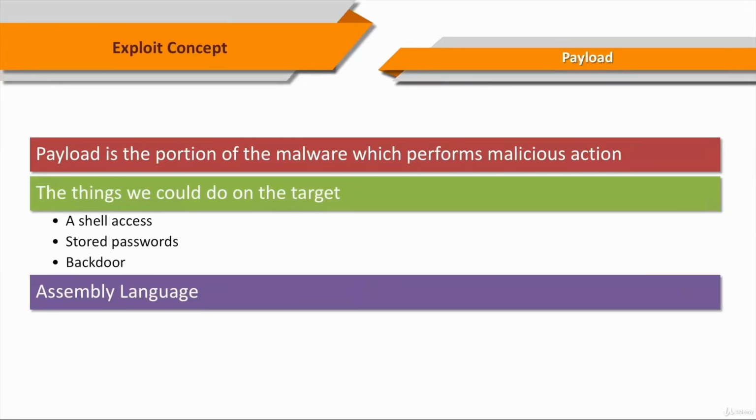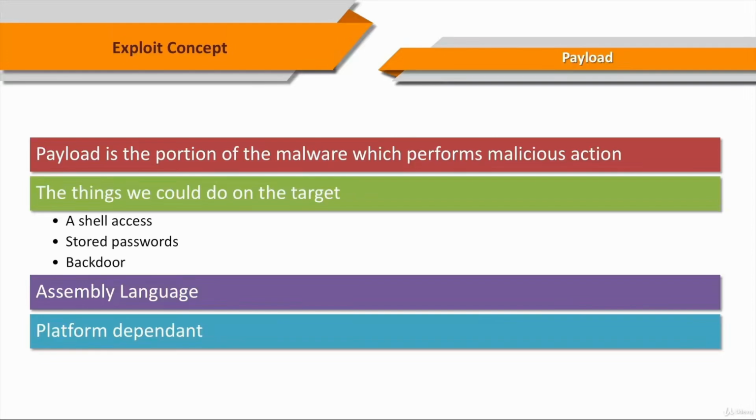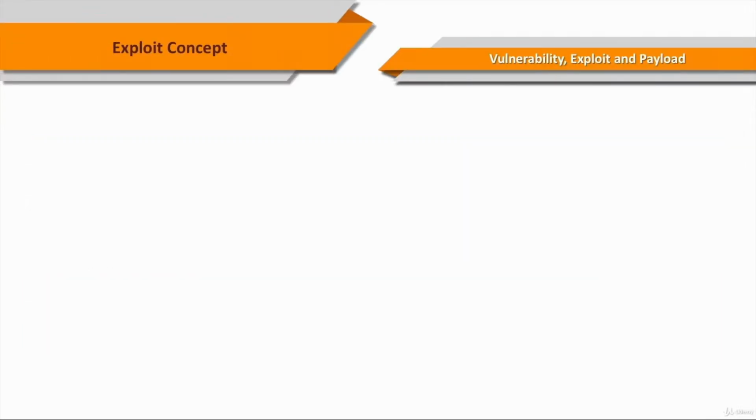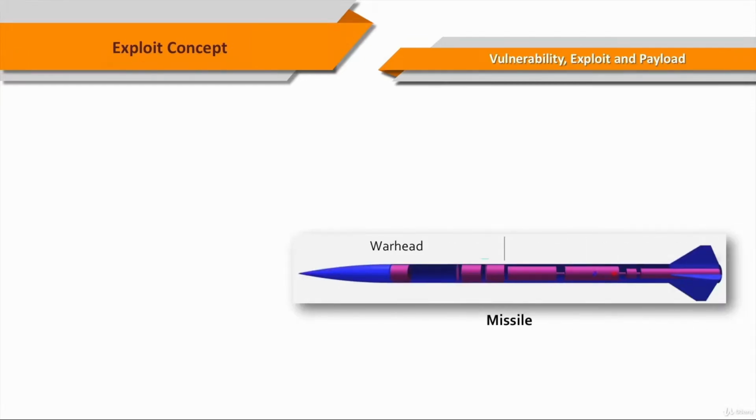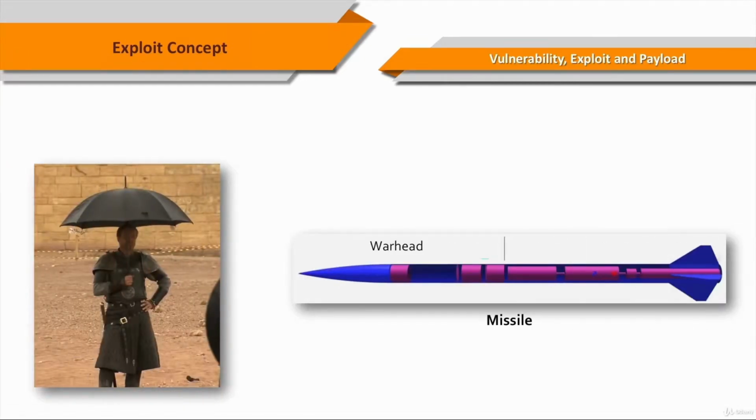Payloads are usually written in assembly language, and they are usually platform dependent. In other words, you may not use a payload written for Windows on a Linux system. So let's explain the vulnerability, exploit, and payload terms with an example. Here we have a missile, and here is the target.